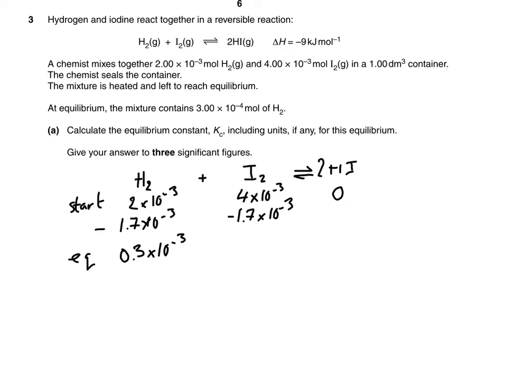So that gives me 2.3 times 10 to the minus 3. Now, for every 1 mole of this that reacts, 2 moles of this are made. So it's going to be twice 1.7 times 10 to the minus 3, which gives us 3.4 times 10 to the minus 3.